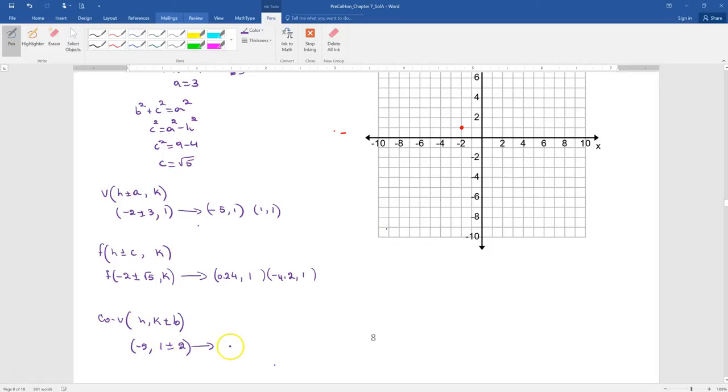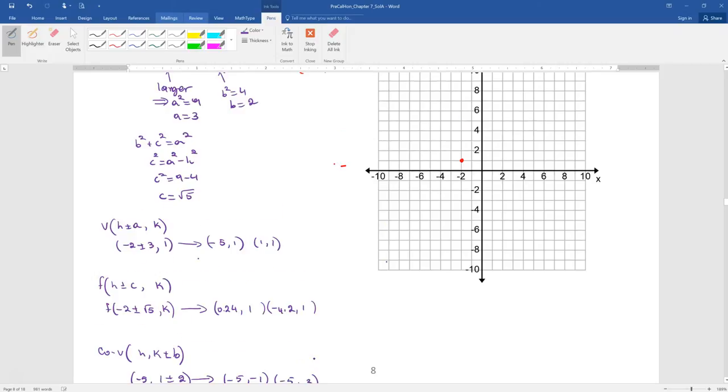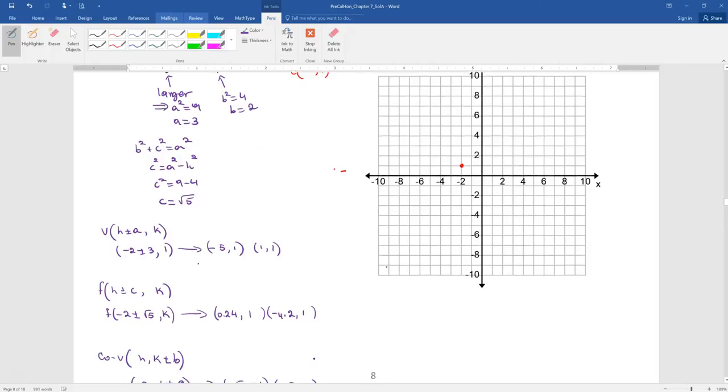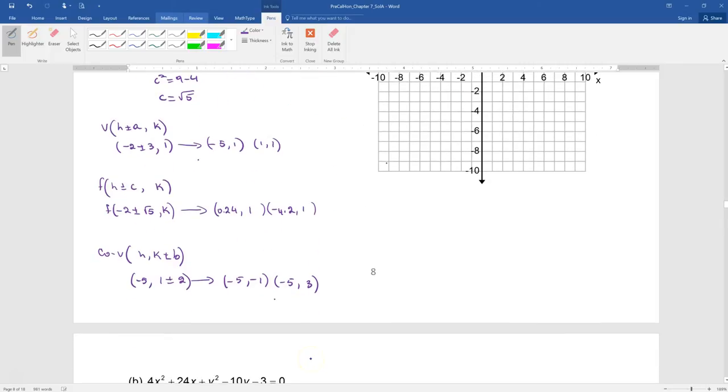So that means the covertices are at negative 2, comma, negative 1, and negative 2, comma, 3. H is not negative 5, it is negative 2. Good job. I was going off the other one.